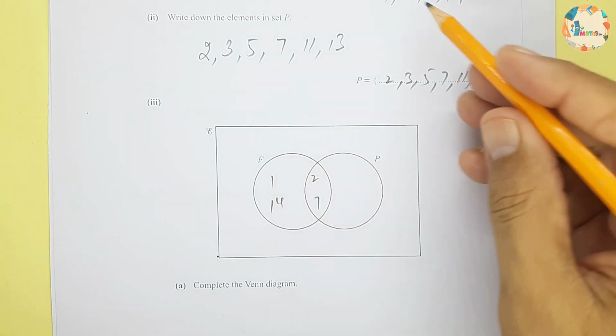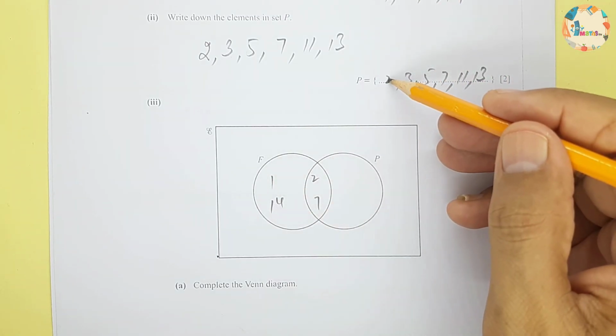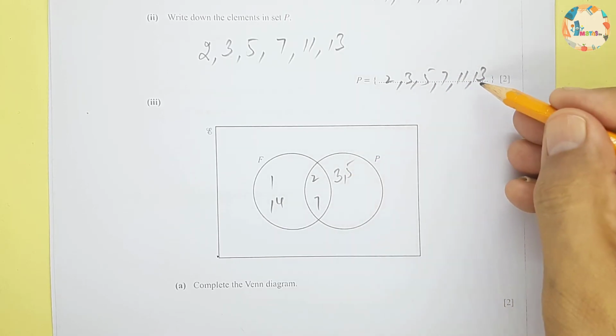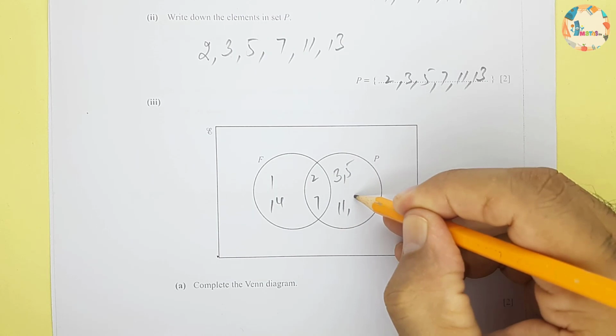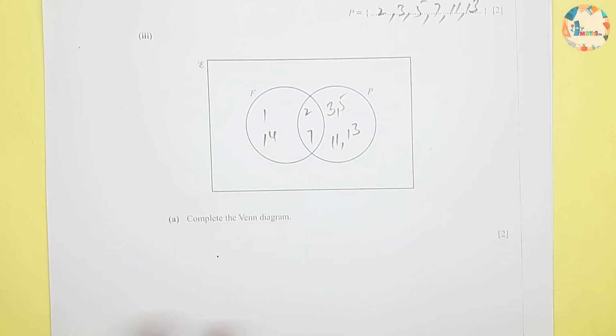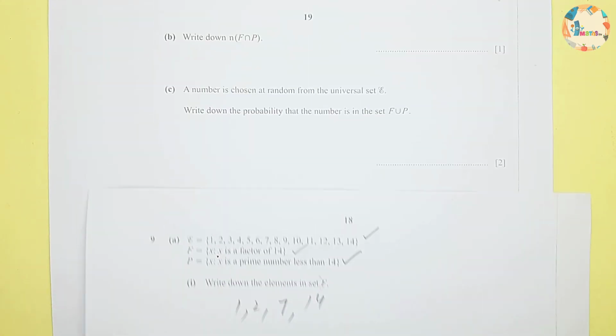For P, 2 and 7 are done, so the remaining will be 3, 5, 11 and 13. Complete the Venn diagram, which is now done.